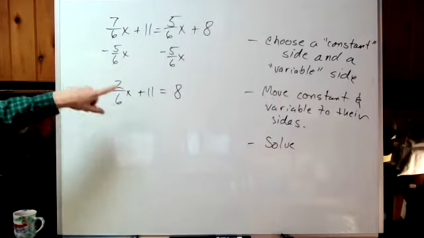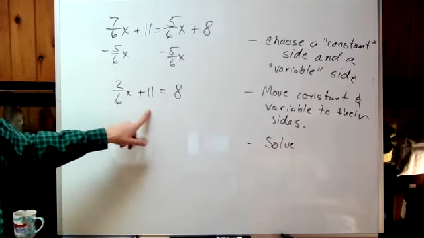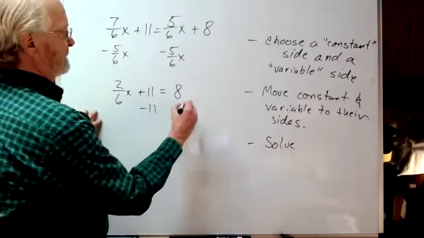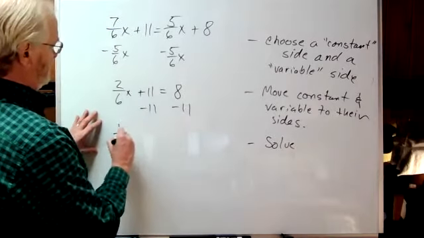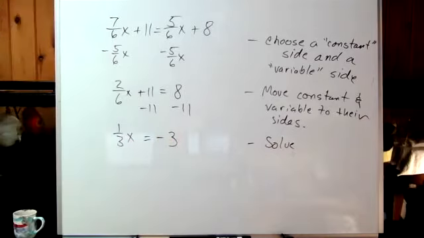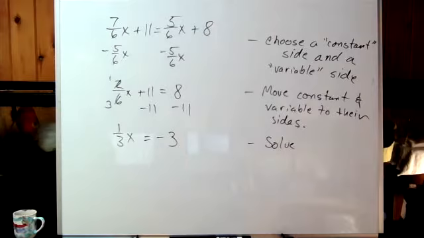1/3 x. So I'm going to write it that way at the next step, even though I'm really going to be moving this 11. Subtract 11. 1/3 x equals -3. I'll make sure I didn't lose you there. I just did this. Okay. So here are my variables.